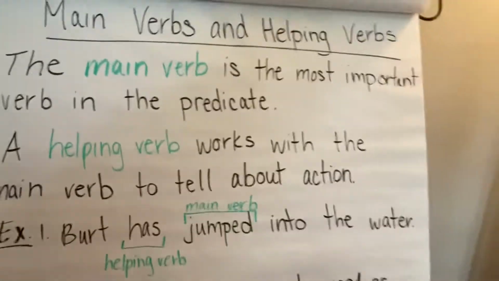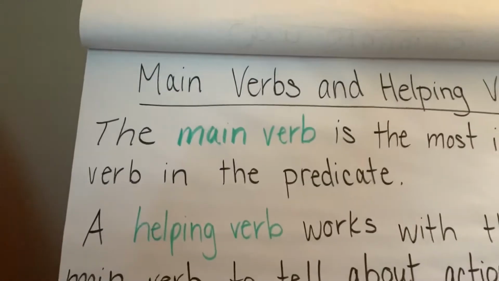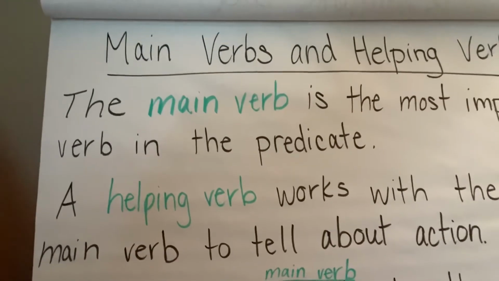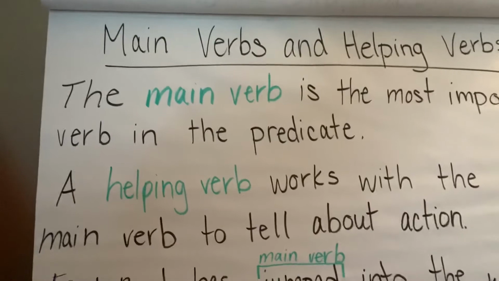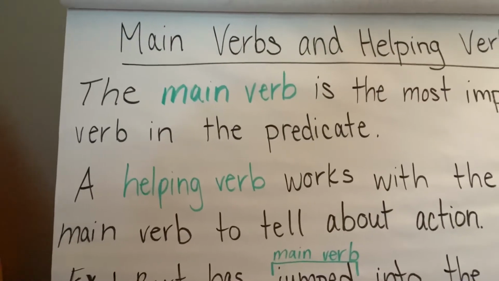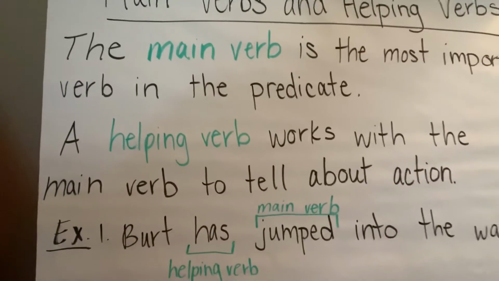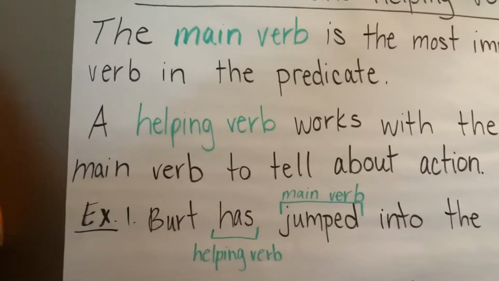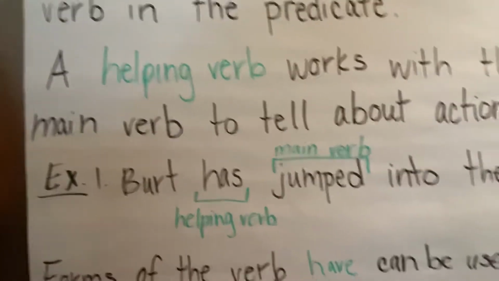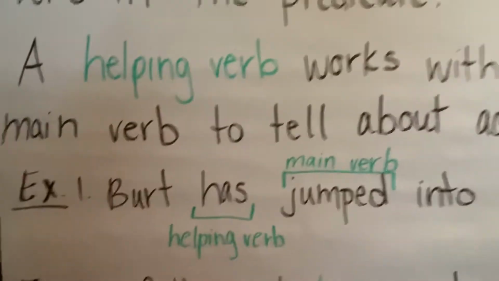So what you guys are going to do is I want you to look right here. This is a little bit of information about main verbs and helping verbs. So the main verb is the most important verb in the predicate, which we discussed. A helping verb works with the main verb to tell about action. So I want you to look at this example right here.